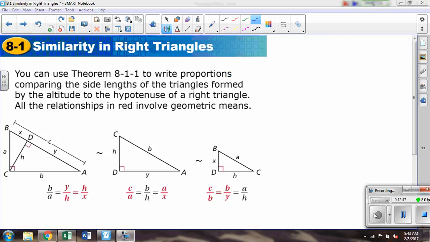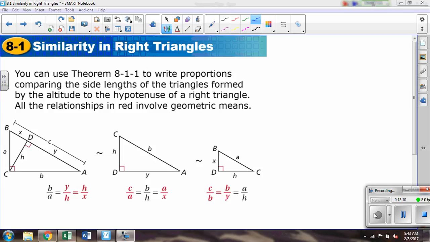Now, of course, we have to also look at how does this geometric mean actually come in and play a role when we're working with this picture. And of course, I mentioned it's because of the similarity. When we look at these pieces, here are a boatload of proportions which we are able to create.